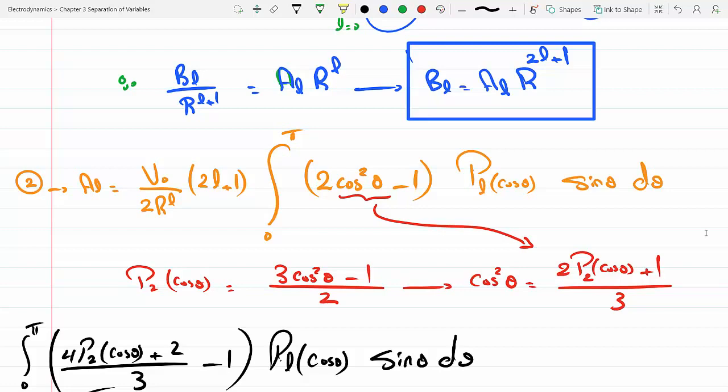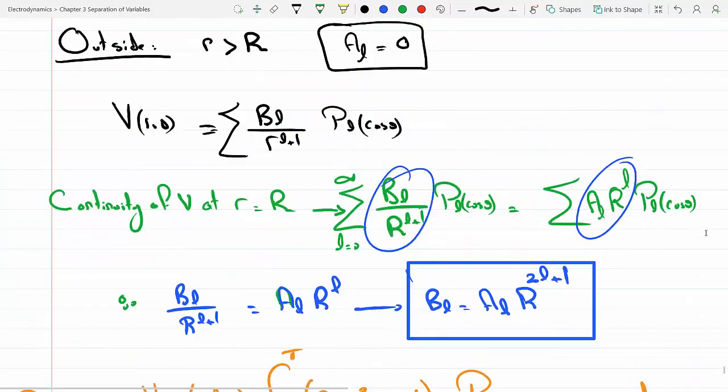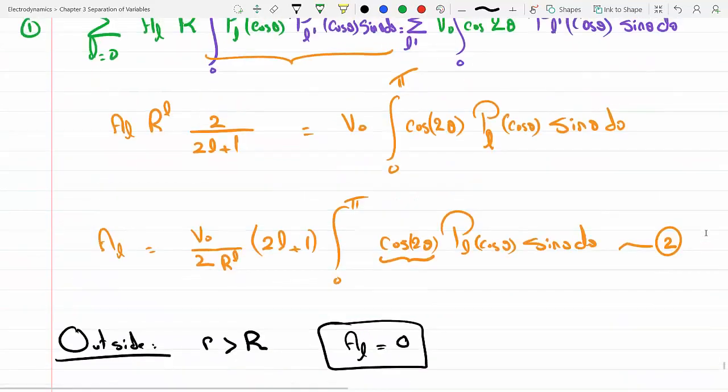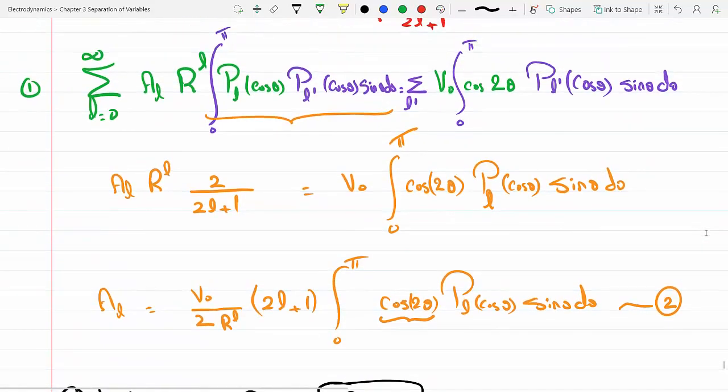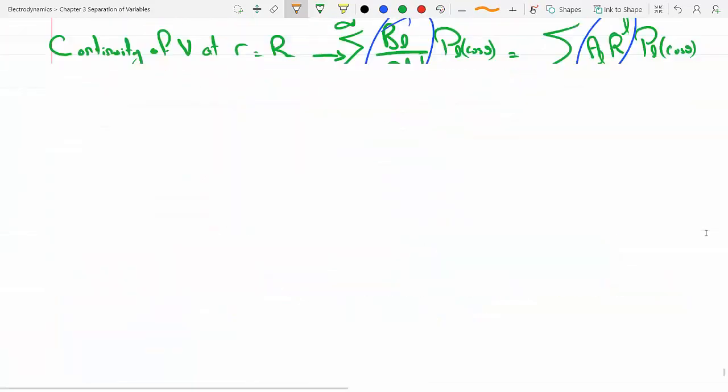I should have put a summation here, by the way, right? Because I'm summing over all L, there's supposed to be a summation here. Not that it's gonna matter in the answer, but let's just be accurate here.